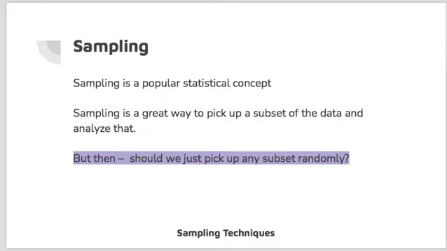Then the question arises: should we just pick up any subset randomly? That leads us to the different sampling techniques, or simply sampling methods, of how to pick up a subset from the, again, make a note, the population.